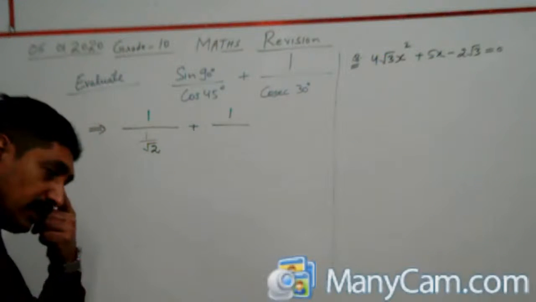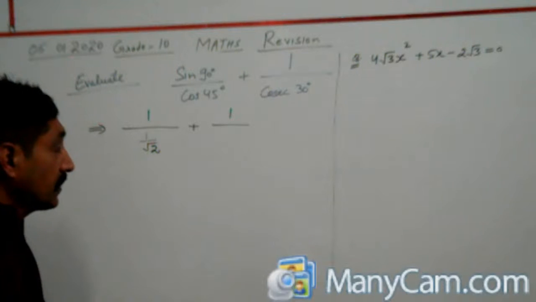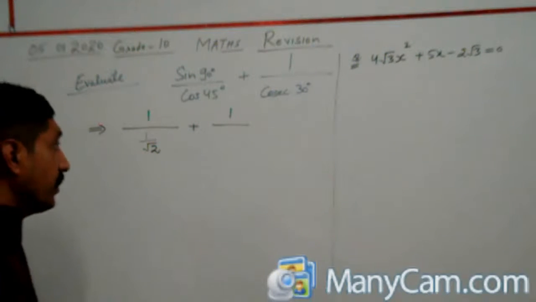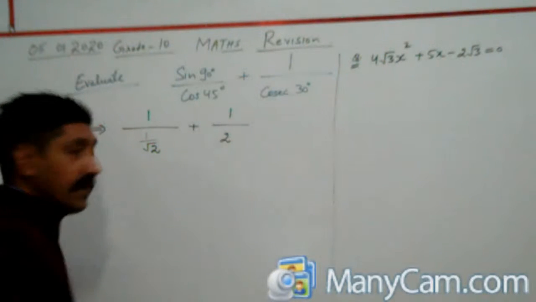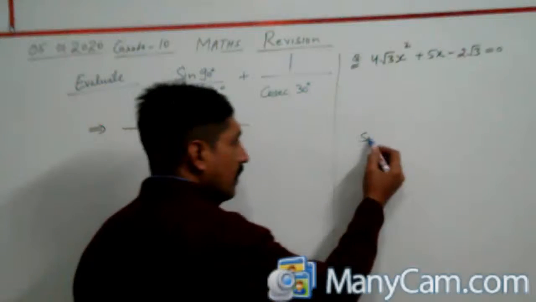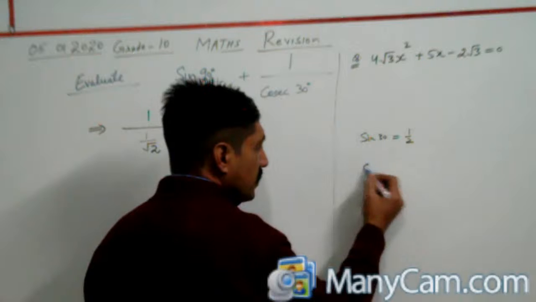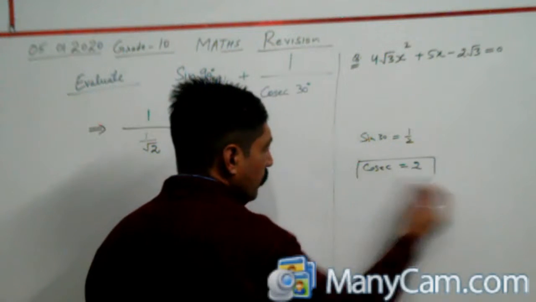Sin 30 is 1 by 2. So cosecant of 30 is 2, reciprocal.